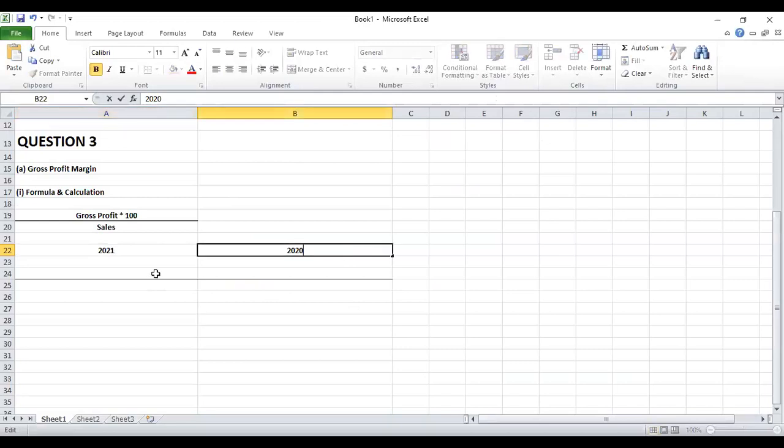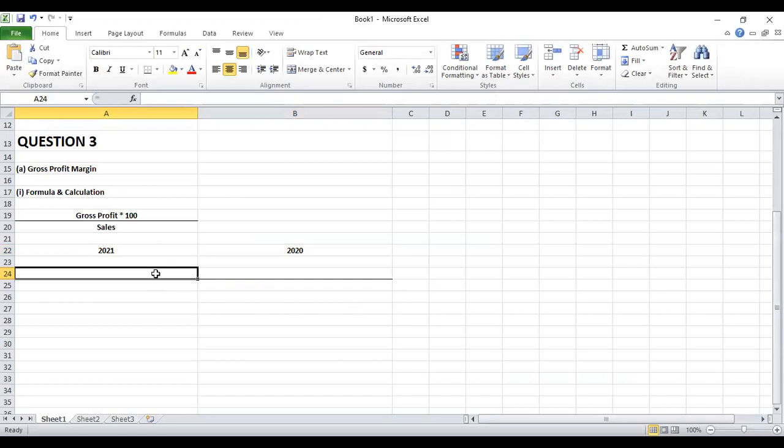For 2021, we have 2,400 multiplied by 100 divided by 7,200.